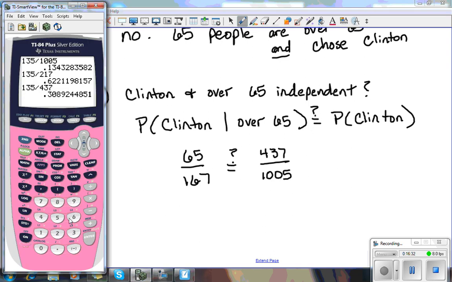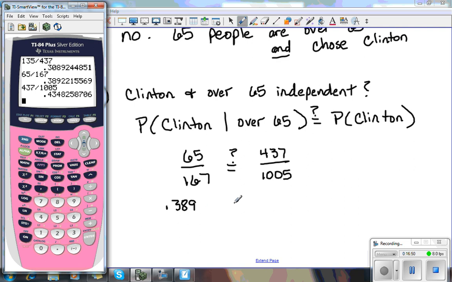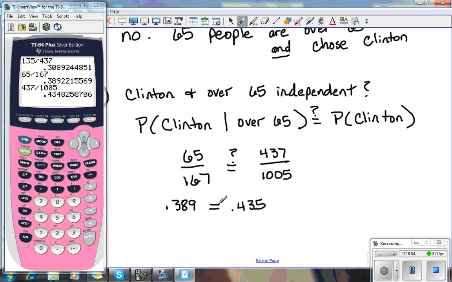Grab our calculator. 65 out of 167 is 0.389. 437 out of 1005, 0.435, not equal, therefore not independent.